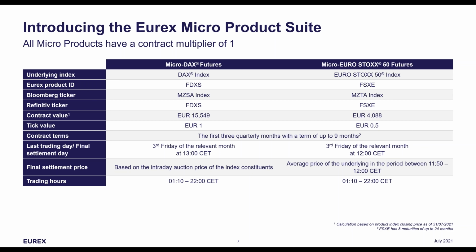As said, trading hours, it's available almost 24 hours a day. So we start trading at 1 a.m. Frankfurt time, and we trade until 10 p.m. Frankfurt time, which is 3 p.m. Chicago time. And this is available for both contracts.